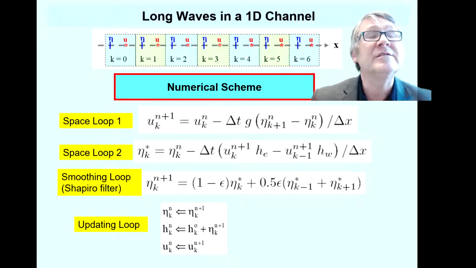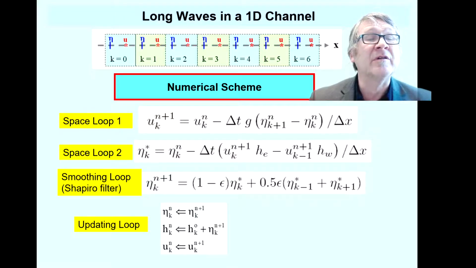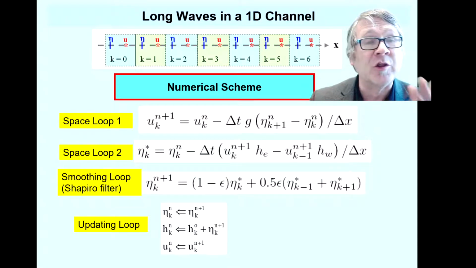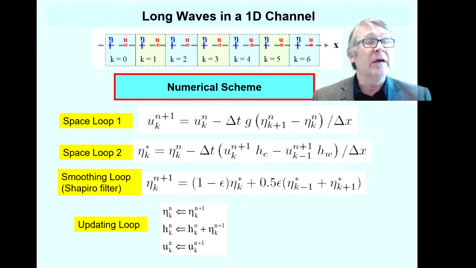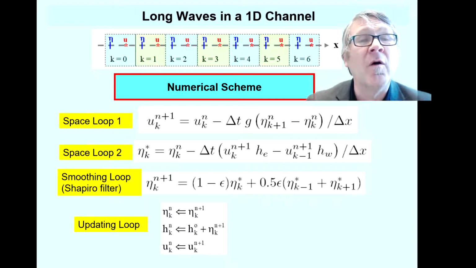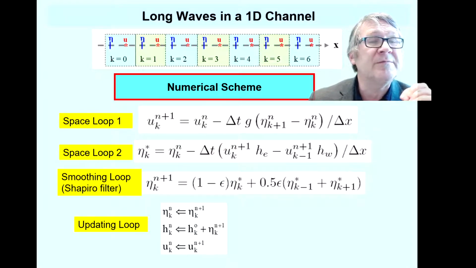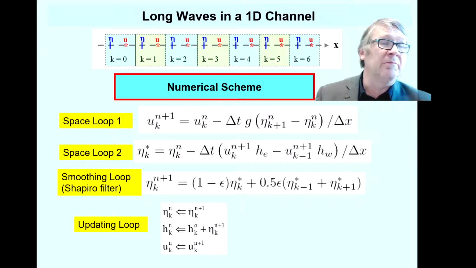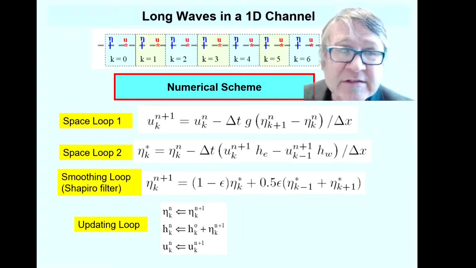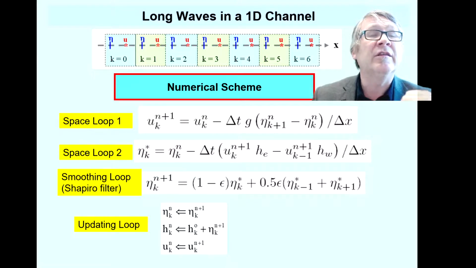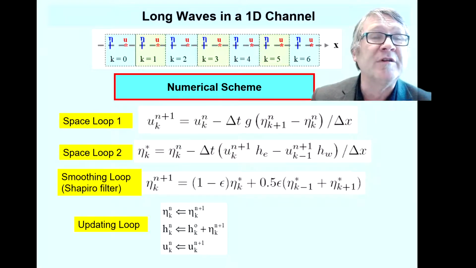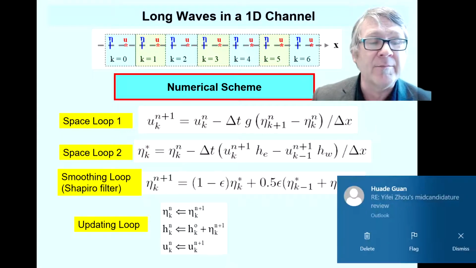And this is what we call a staggered numerical grid, because the eta and the u points are not defined at the same level. And why is that? Because we have the spatial gradients in both equations. So that's why it makes sense to actually place the u calculation between the predictions for the eta points.